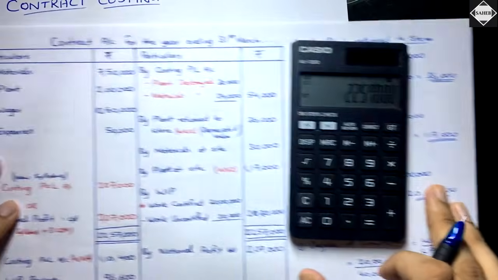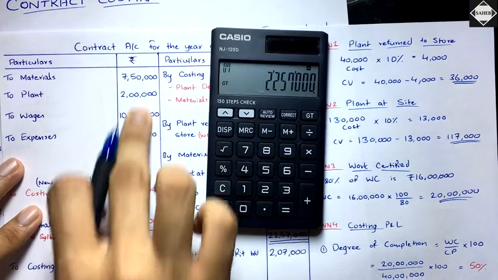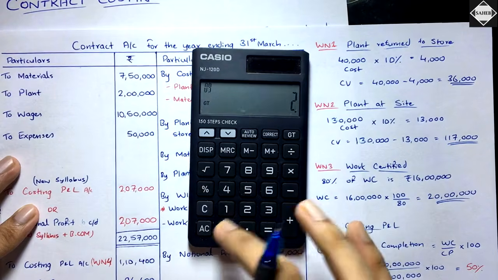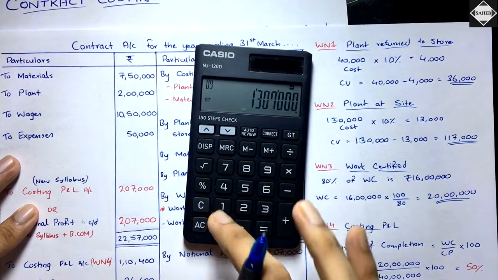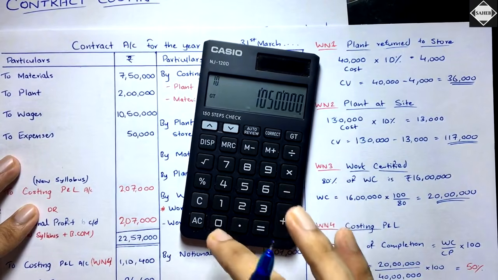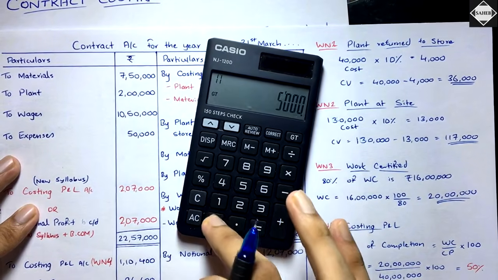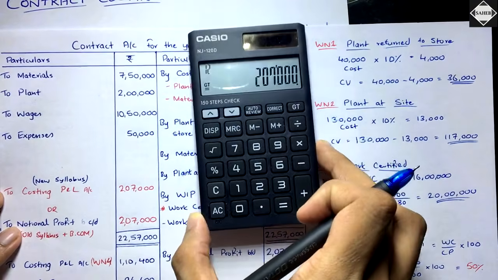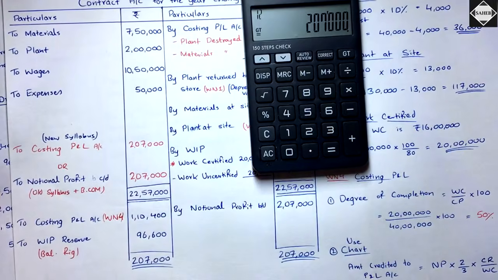Then go on subtracting from the debit side, minus 7,50,000 and all these things, minus 2 lakh, minus 10,50,000, minus 50,000, that's equal to 2,07,000, right? So 2,07,000 is our balancing figure.